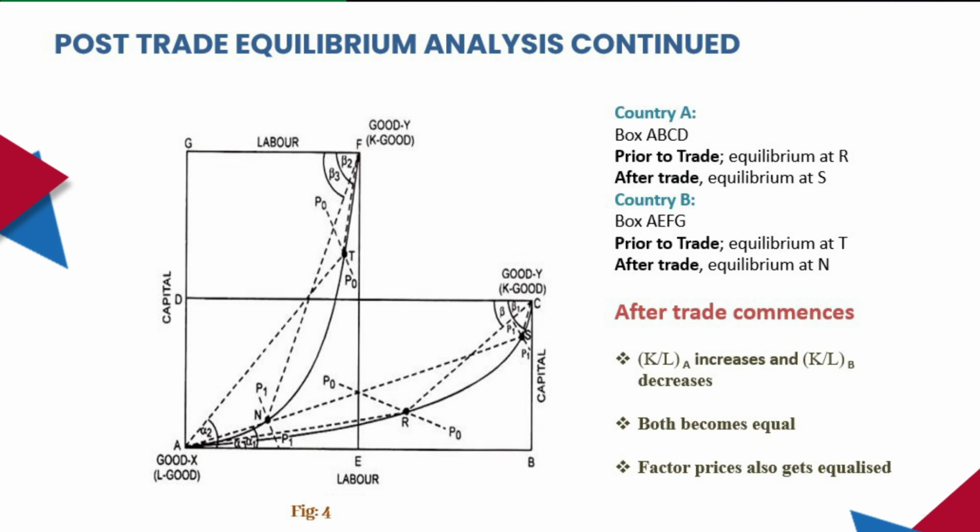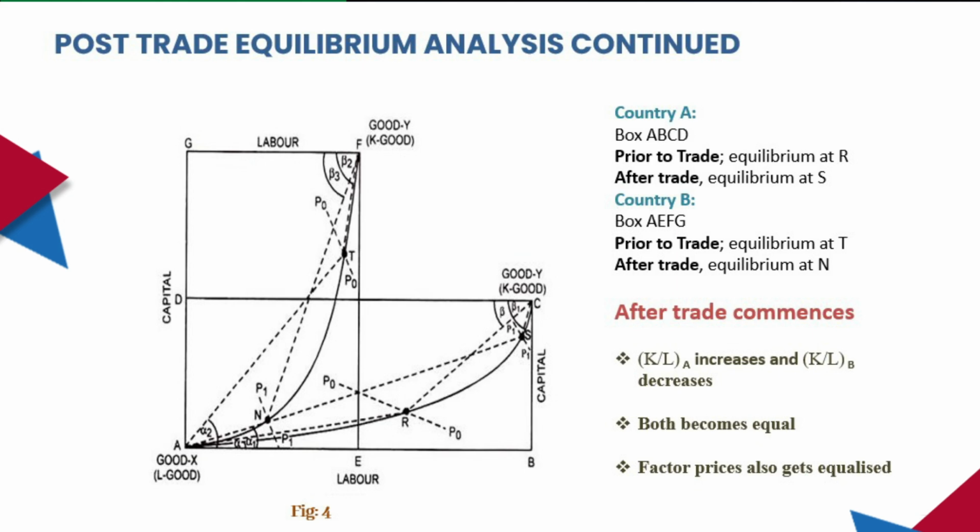Alpha and alpha 1, and alternatively beta and beta 1. The tangents of the angles alpha and alpha 1, and the tangents of the angles beta and beta 1, will explain to us that after trade commences for country A, the capital labor ratio will increase.